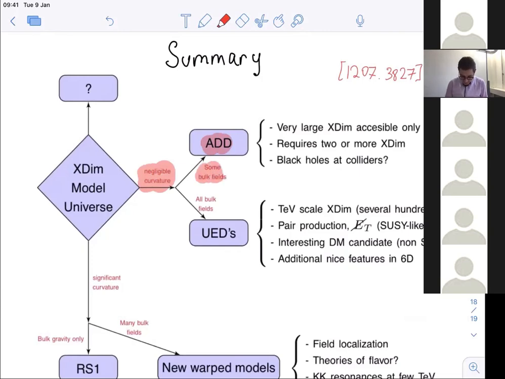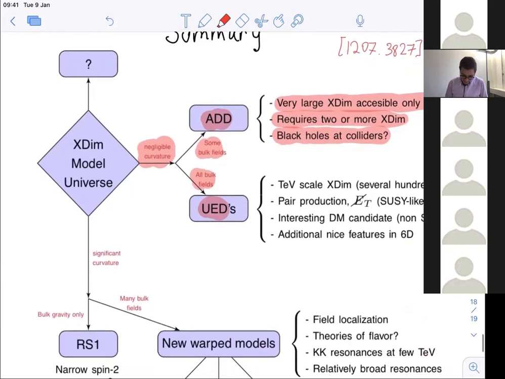And you have these models, which I didn't talk about, which are universal extra dimensions, where all the fields are in the bulk. And here you can see different predictions of these models. For example, ADD says that the very large extra dimension is accessible only to gravity. We know that we need at least three or more extra dimensions to satisfy the gravity constraints. And then there is this interesting prediction of black holes at colliders. The fundamental scale is at the TeV scale, where we expect quantum gravity.